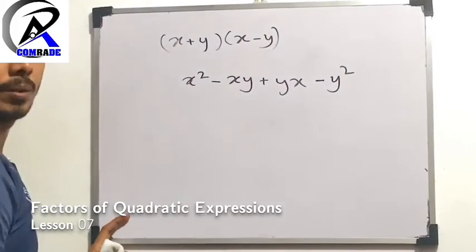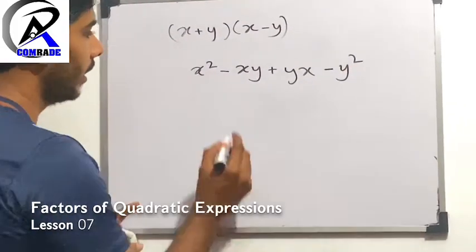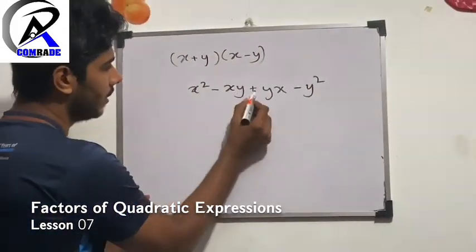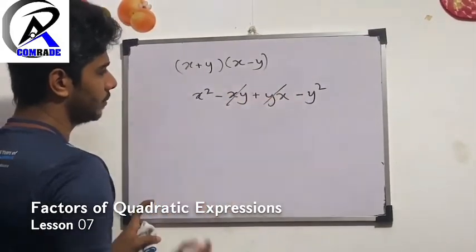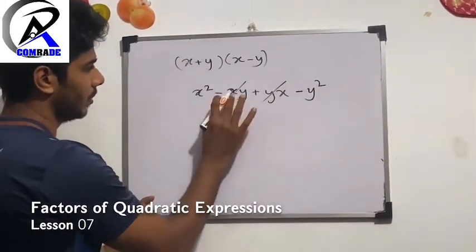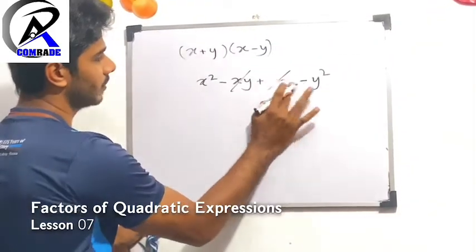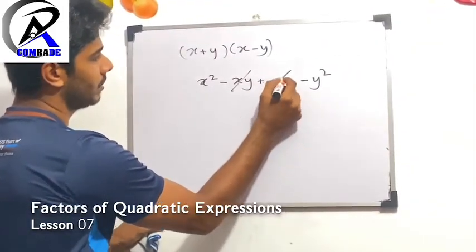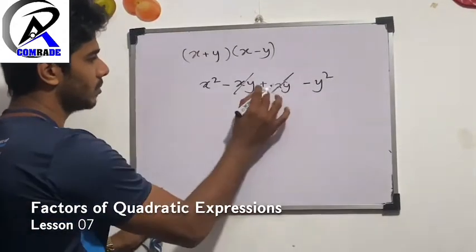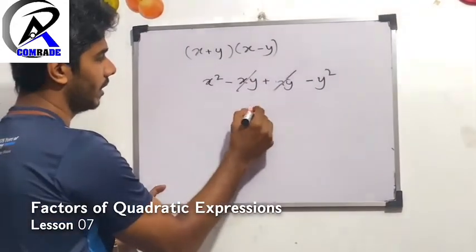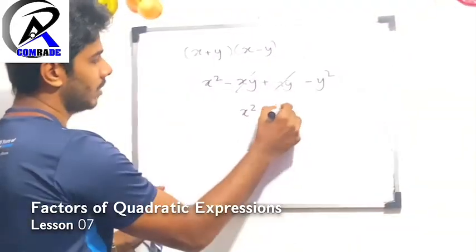Further, plus and minus, right? Here, minus xy is there, plus yx is there. Cut it off, because you can turn yx as xy. No issues. Multiplication, you can cut it off, right? Plus xy minus xy. What is the final answer? X squared minus y squared.